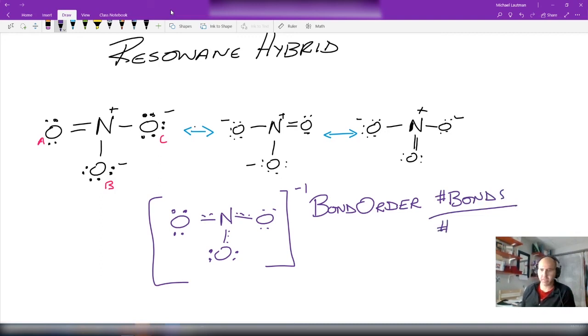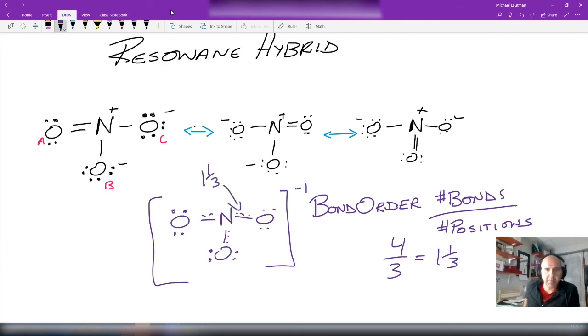I'm just going to call it the number of positions. So in nitrate, we've got 4 bonds shared over 3 positions, so 4 on 3, that's 1 1/3. So each of these bonds is a 1 1/3 bond, and they're all equivalent.